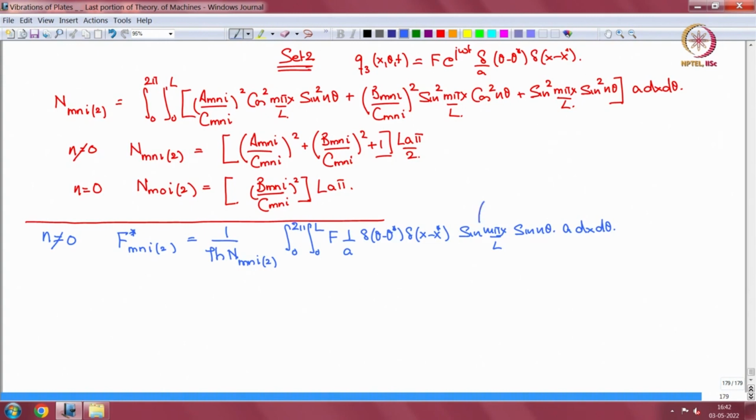Okay, this is U3 mn of the second kind because the force is in the U3 direction.